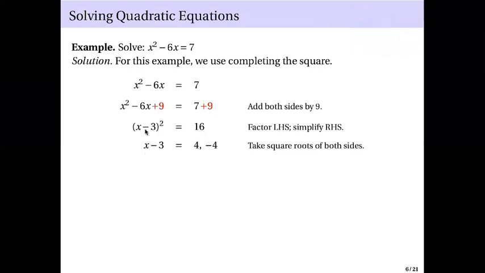But the square root of 16 is 4. So let me write that detail here. x minus 3 is equal to plus or minus the square root of 16, and that square root of 16 is 4. So you have plus 4 or minus 4, and that is equal to x minus 3.